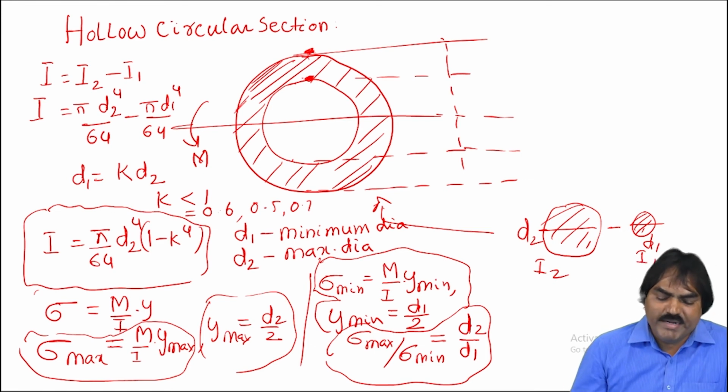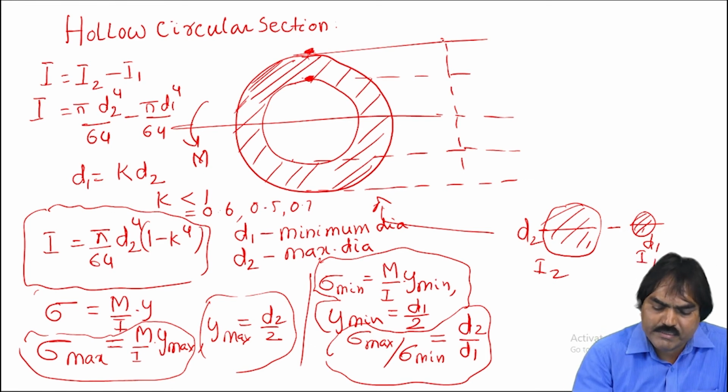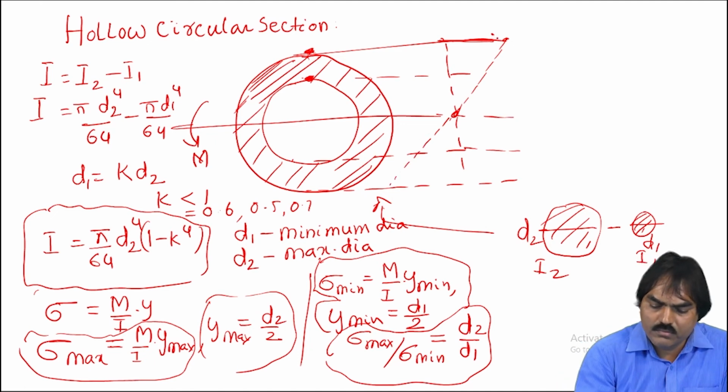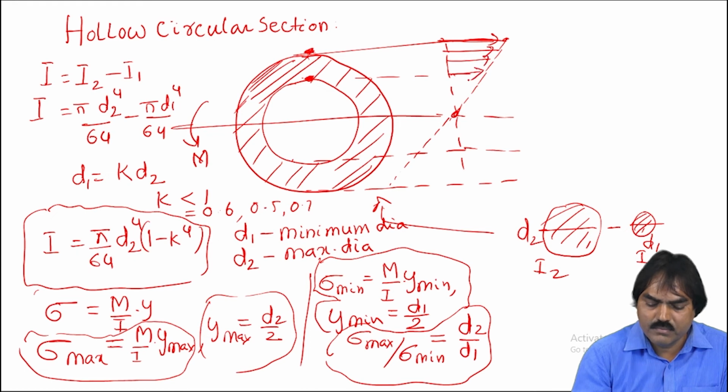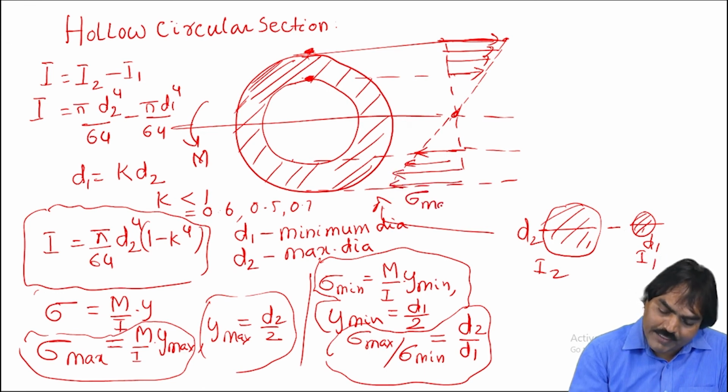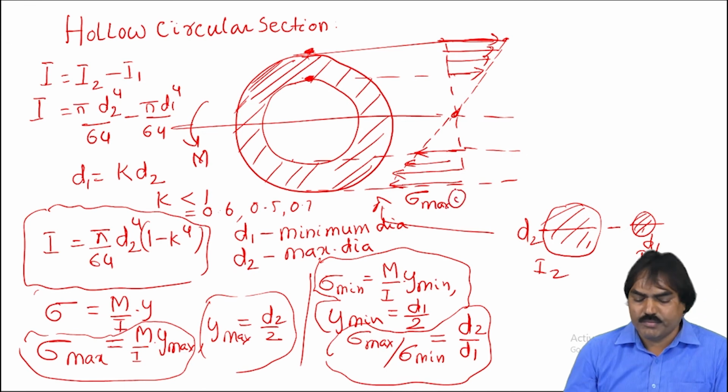Now let us see the bending stress distribution. The top is tension, up to this much. It will vary linearly. At the bottom it will be compression. It is like this. Here in the opposite direction. This is sigma max compression.